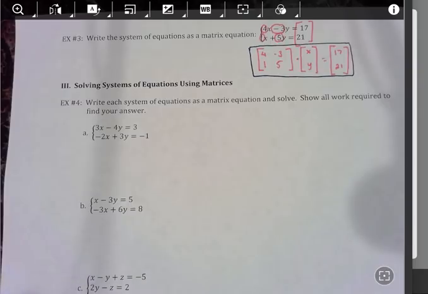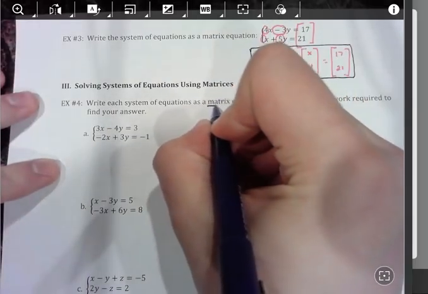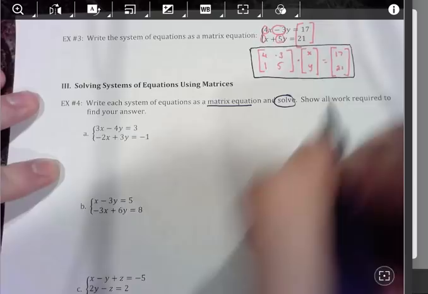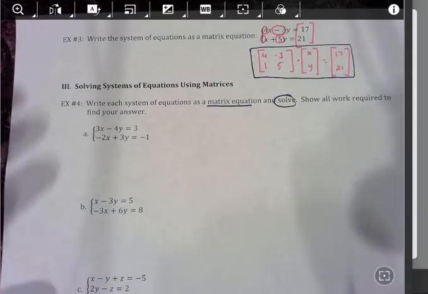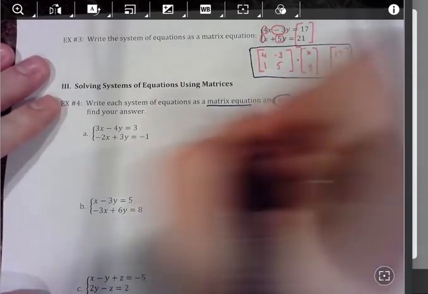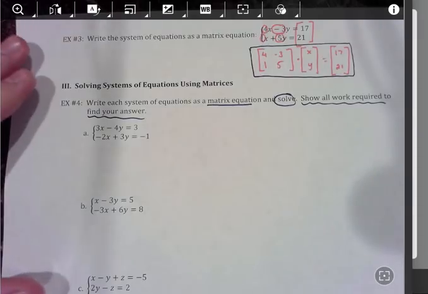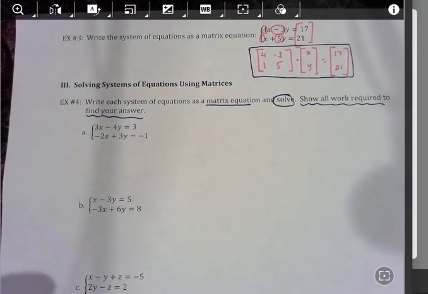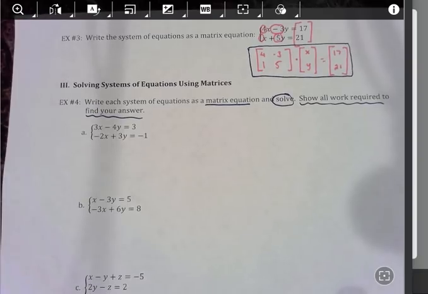So I want to write each system of equations as a matrix equation and solve. So that's going to be our new step, solving. And then I want to show all work required to find the answer. I promise that work is not a whole lot because the calculator does most of it, and it's the same work every single time.